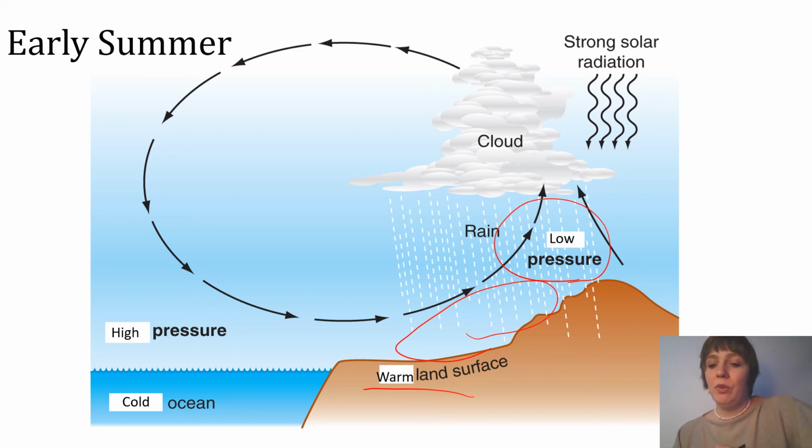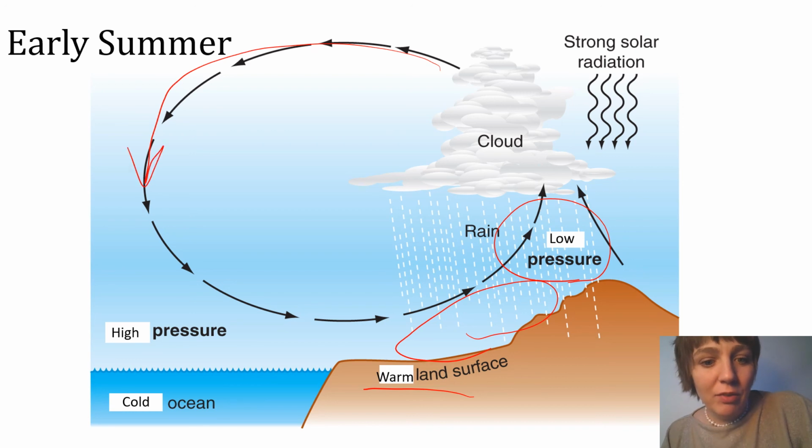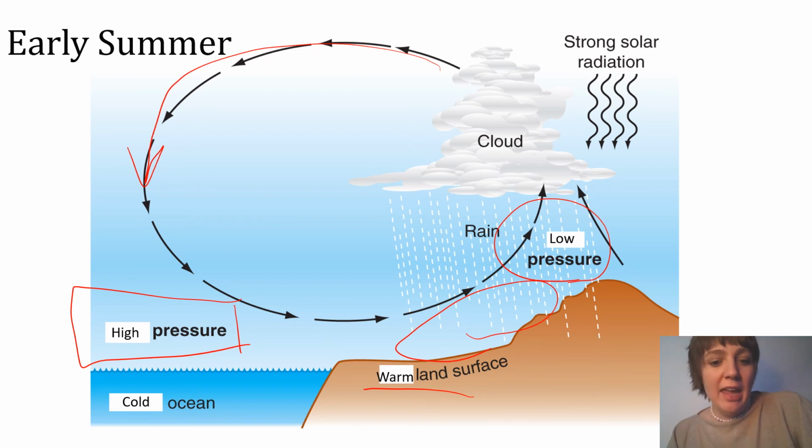This is going to, of course, lead to volume expansion and cooling down, and then condensation, and then rain, right? Over here on the other side, we have cold air sinking downwards. Downward falling air is a high pressure zone, and the ocean over here is much colder than the land surface, or else none of this circulation would have initiated.